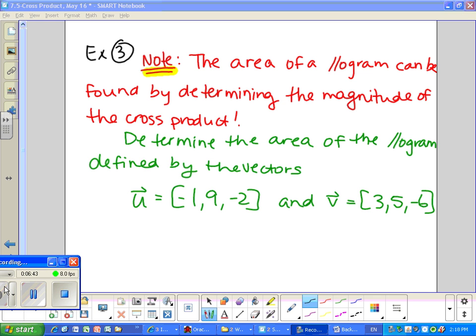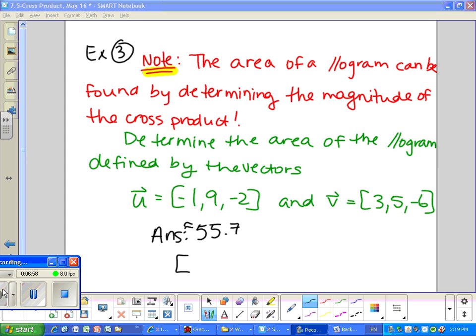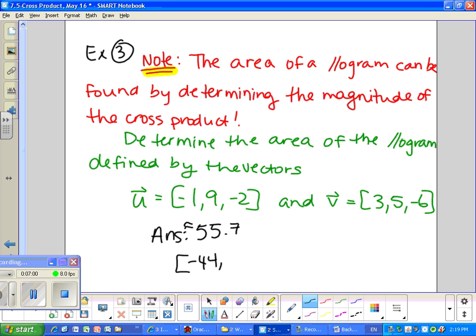So after you've completed the cross product and gotten that one vector, and then you find the magnitude of it, the answer should be approximately 55.7, or your vector should be negative 44, negative 12, negative 32.